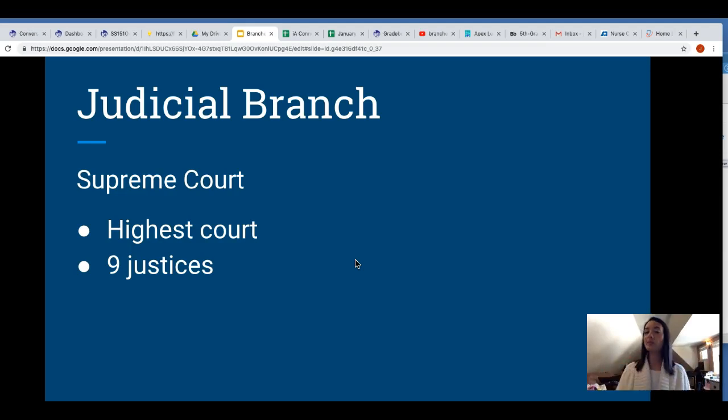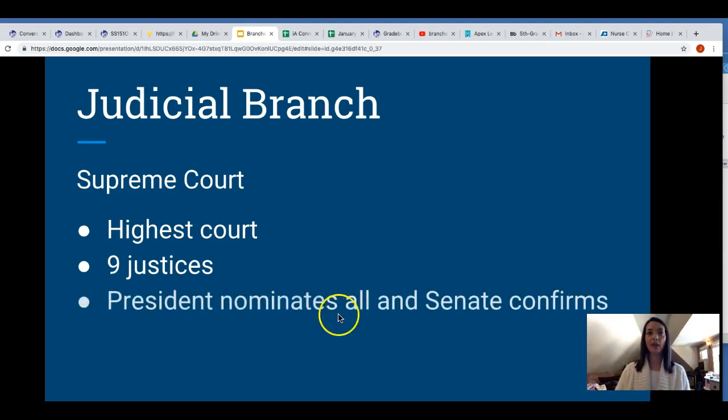You can use them interchangeably, okay? And the president nominates all of the Supreme Court justices, and the Senate confirms them. So nominate means that you name somebody to be a justice. So this has a lot of power, but it's the Senate that actually says yes or no, they can be a Supreme Court judge or justice.